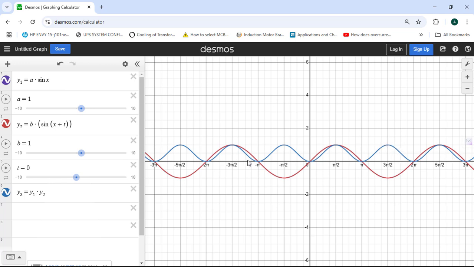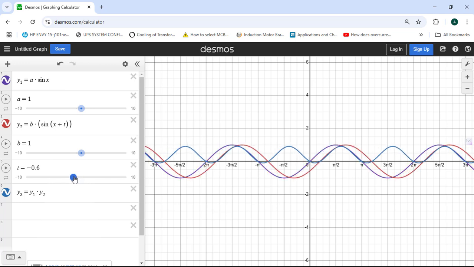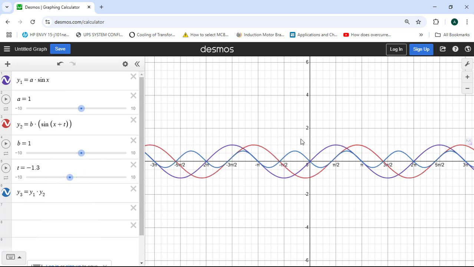But if the time or the theta starts to have a difference between voltage and current, as you can see, the apparent power starts to move to negative values. So it has a positive value and a negative value until we reach a pure inductive load, where the current lags the voltage by pi over 2.